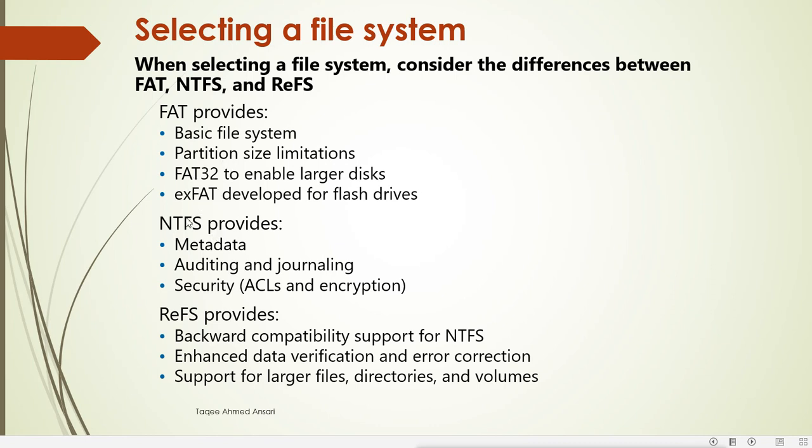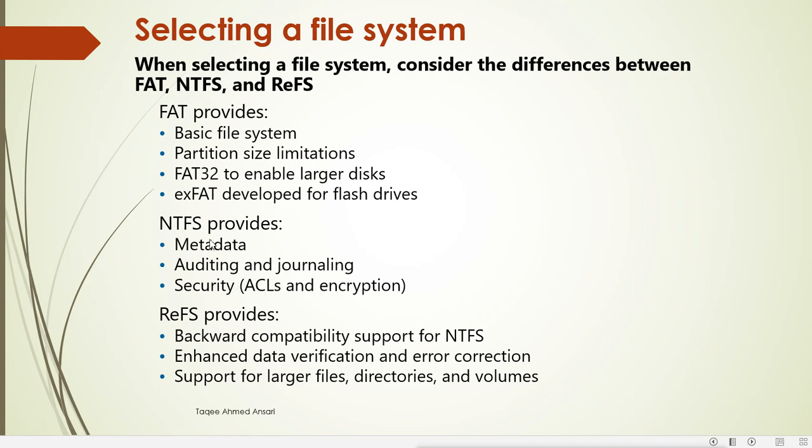It gives the option to create larger partitions and also allows us to store larger files. For example, in the FAT file system, if you try to create a single file which is more than 4 GB, it is not allowed. It is not supported there, but we can do it in NTFS.